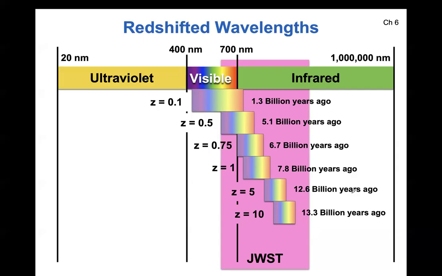Every distance corresponds to an age in astronomy, every time. So when we look at those really distant objects, we're also looking at very old objects, which means they're very primordial. By primordial, I mean they existed shortly after the Big Bang.